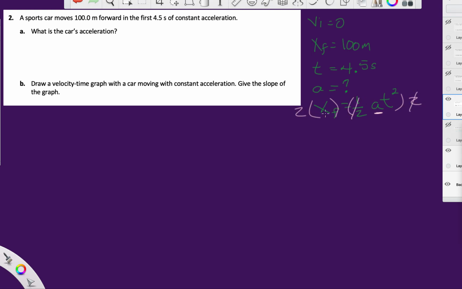This cancels with this. So now I have 2 times my final displacement equals a times t squared. Well, if a, acceleration, what I'm solving for, is being multiplied by t squared, let's go ahead and divide by t squared.